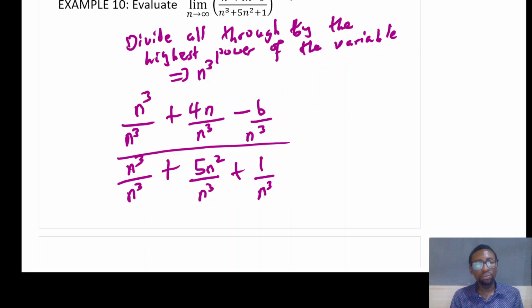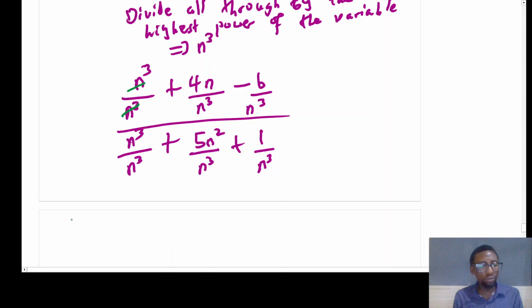So in the long run, this cancels this and I'll be left with 1. This cancels one of this and I'll be left with 4 over n squared.